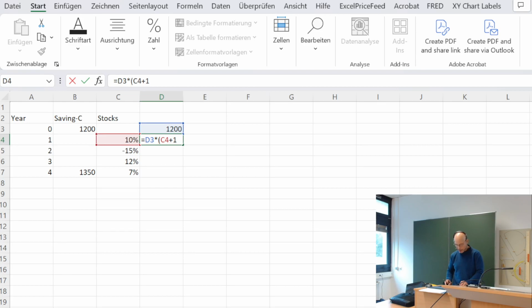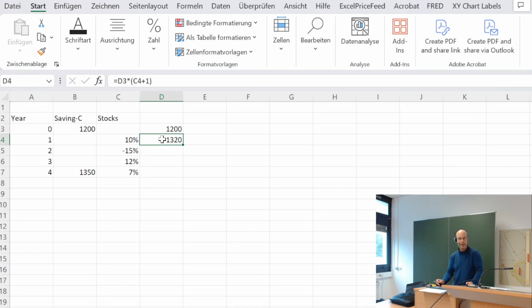So this is then the growth factor, because still we have our 1,200. 10% is 120. So if I press enter now here, we should see 1,320. And then we are going down by 15%.